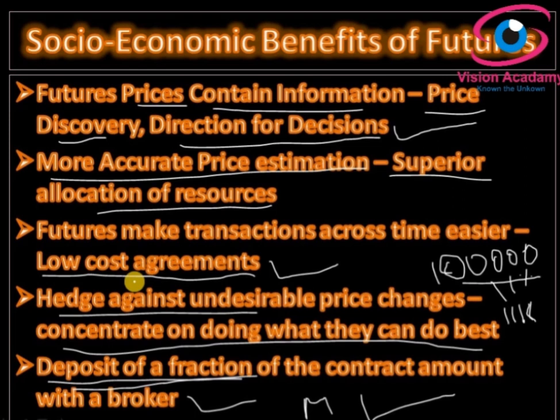There are living examples of financial debacles suffered by companies like Procter and Gamble, Kashima Oil Company, Orange County and others, mainly due to the use of the futures market for purposes other than genuine hedging. If you are there for genuine hedging, there is no issue.